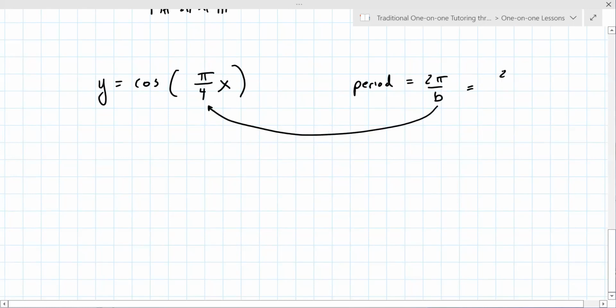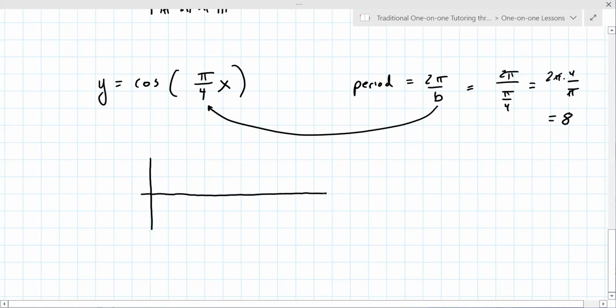So it's 2 pi over 4, which when you simplify becomes 2 pi times 4 over pi. The pi's cancel and you get 8. So here's what that means. It means that you've got to go out 8 from the origin.